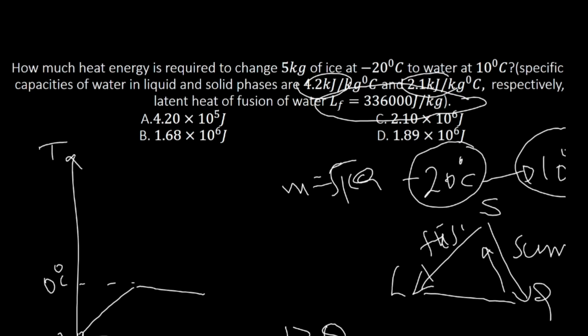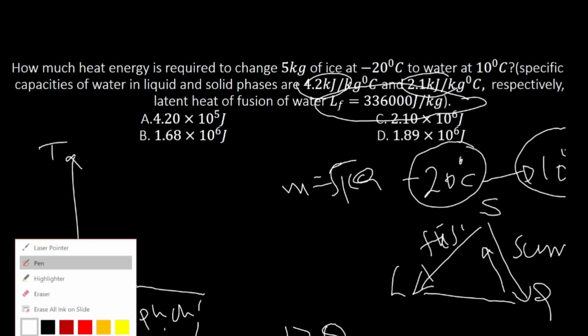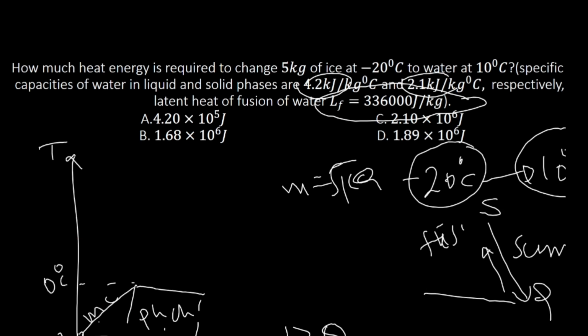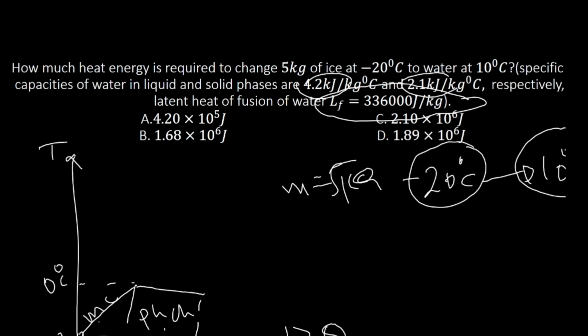Even as we add thermal energy, in this region only a phase change occurs. Here it is m c with c of ice, since the temperature of the ice is increasing. The thermal energy we add first increases the temperature of the ice, then changes the phase of the ice at 0 degrees centigrade without changing the temperature.